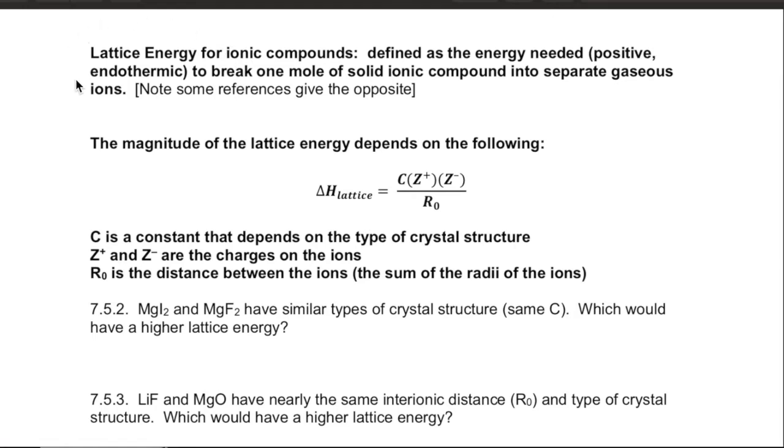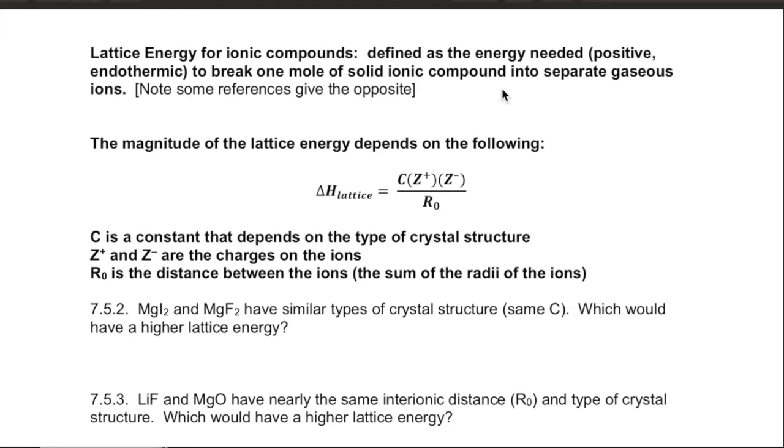Ionic compounds are a bit more complex because there's not a specific covalent bond that's being broken when you break an ionic compound apart. If you have a solid ionic compound, it's a lattice, a crystal of repeating positive and negative ions put together in this cube structure like we looked at before. But some ionic compounds are held together more strongly than others.